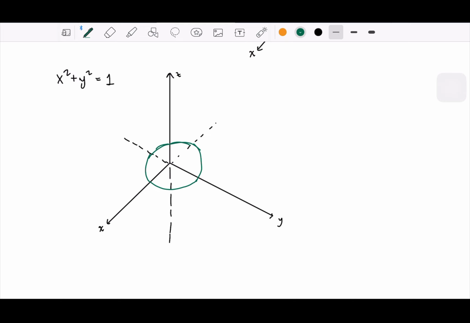But then, for the z-axis, similarly, we will have infinite numbers, or any possibility for z. So we have a cylinder.